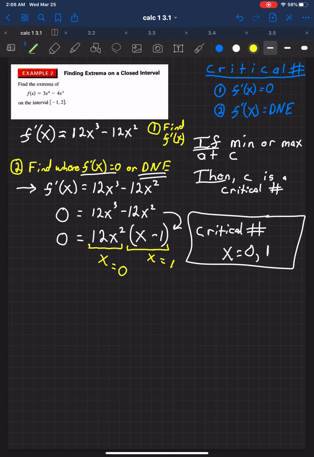Now, step 3, okay, ready? Is we're going to evaluate the critical numbers. So let me write it. I'll do it just this one time. We're going to plug critical numbers into f of x.